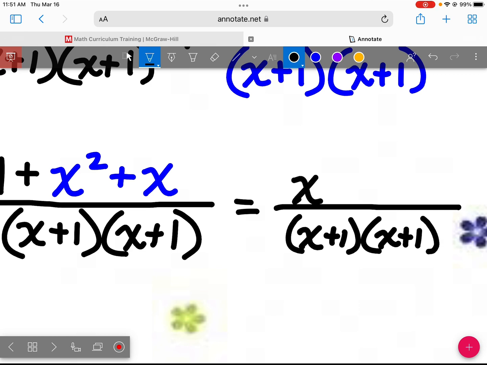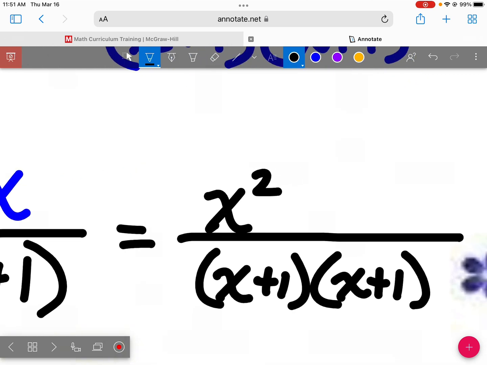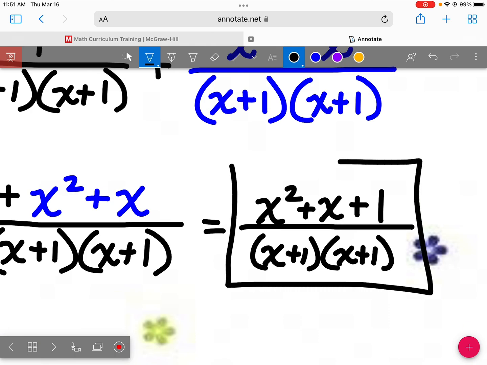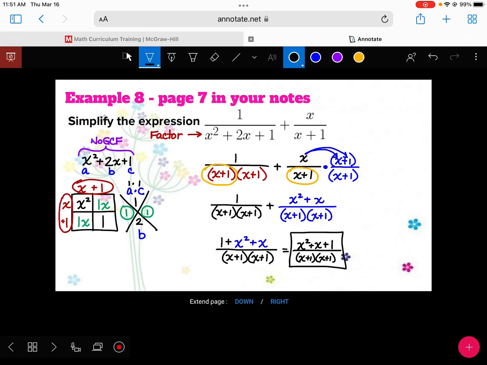So I have x squared first. Which piece would come second? x. Which piece would come last? 1. Now I'm done. We just changed the order. If you left it like this on the quest next Wednesday, I would accept that. I know that the McGraw-Hill homework gets picky and wants it in decreasing order, so they're going to count it wrong.